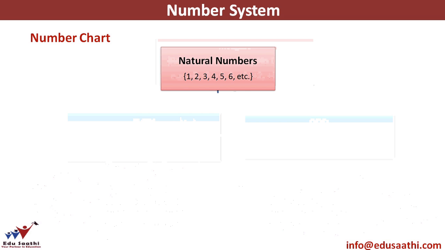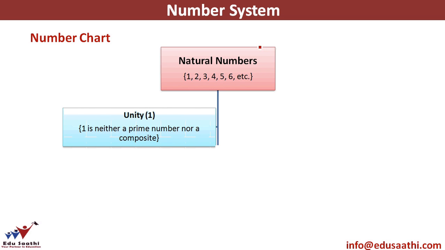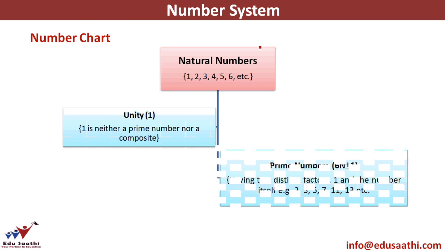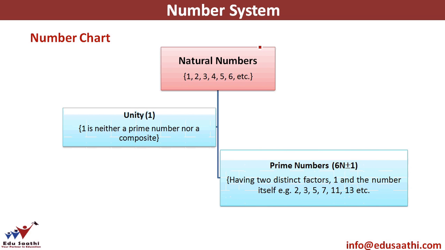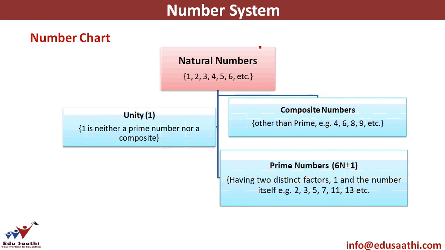Let's look at the case of positive integers now, or natural numbers. Natural numbers can be classified as prime, composite, or unity. A prime number is a number which has two distinct factors. So the number of factors for a prime number has to be exactly 2. The first factor is 1, and the second factor is the number itself.